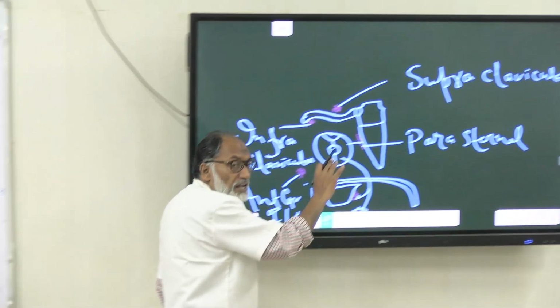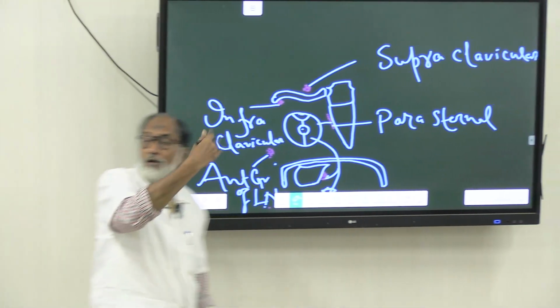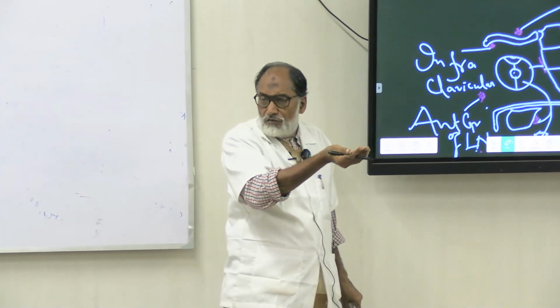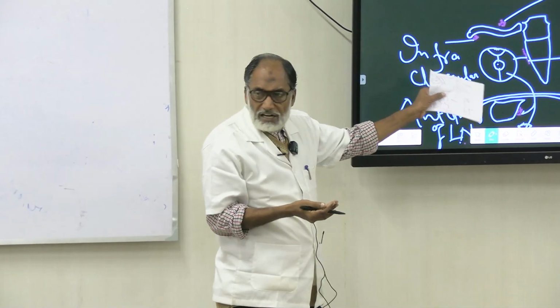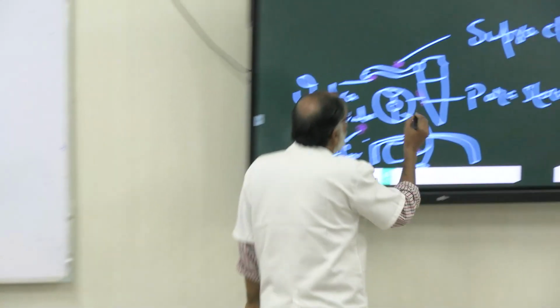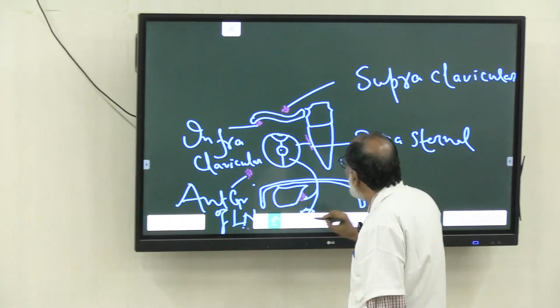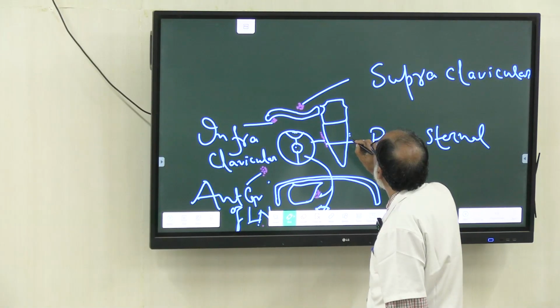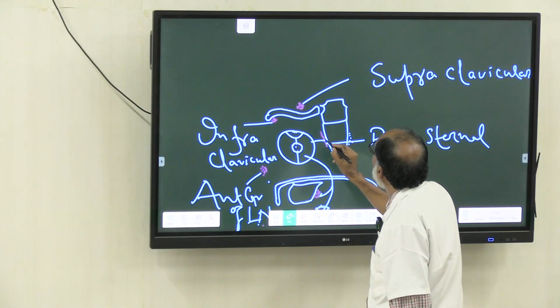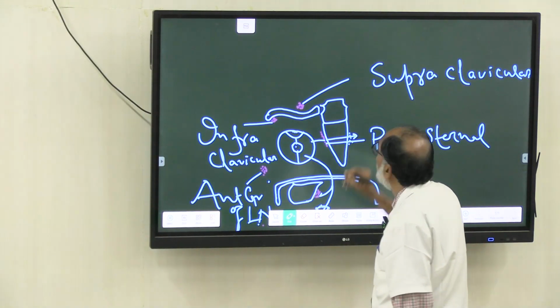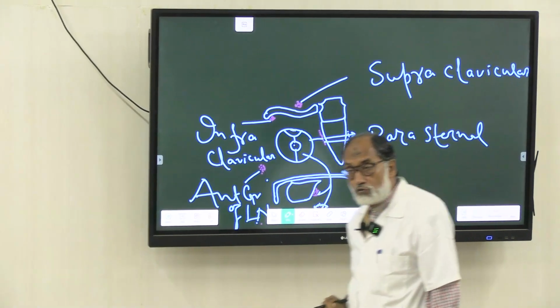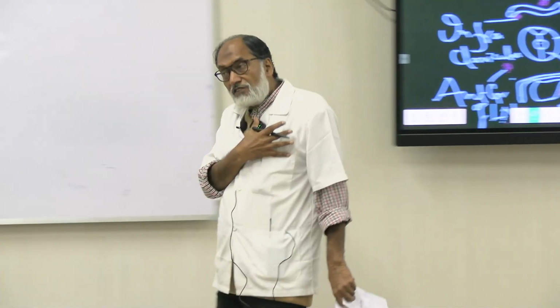From there, sometimes it also involves the parasternal lymph node of the other side. So the left side may also involve the right side.